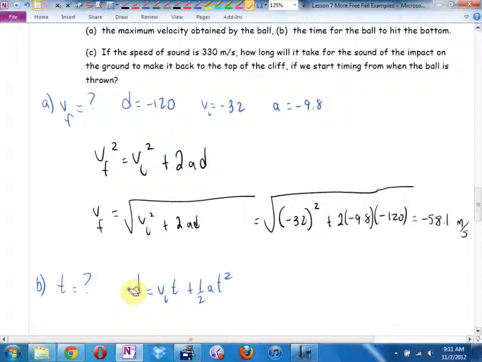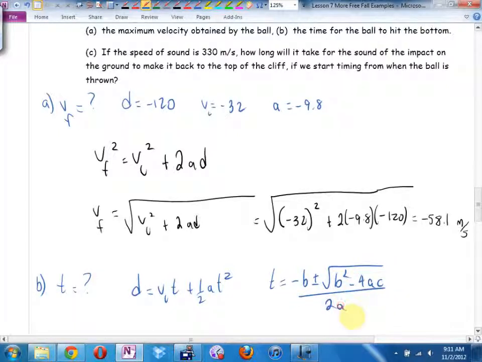So, although this is the first equation that we would come to, how many of you know the quadratic formula? If you know the quadratic formula, and you will learn it later this year in Math 11 and Pre-Calc, there is a way to solve this. Don't write this down. The quadratic formula says t equals negative b plus or minus the square root of b squared minus 4ac, all over 2a.